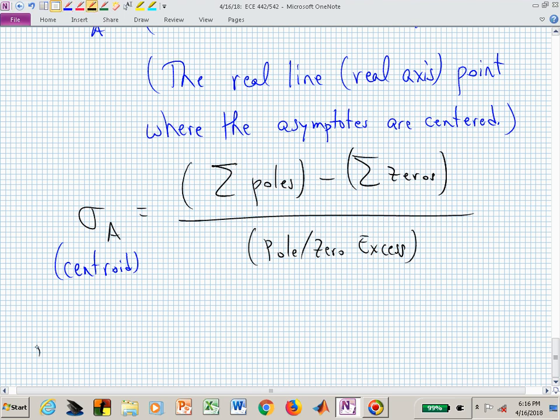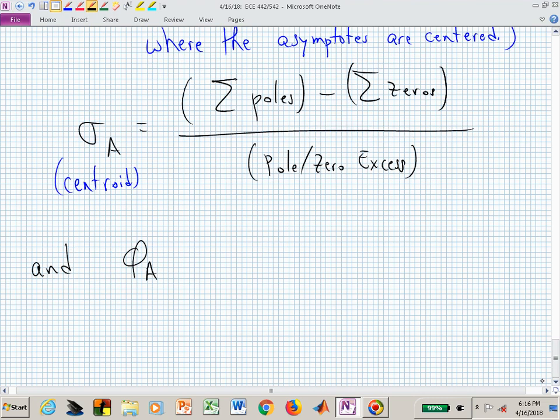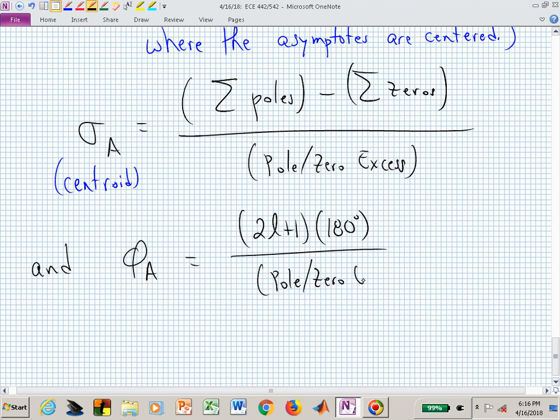And these angles of the asymptotes are given by an odd multiple of 180 degrees, 2L plus 1 times 180, divided by the pole zero excess, where L assumes values from 0 up to the pole zero excess minus 1.